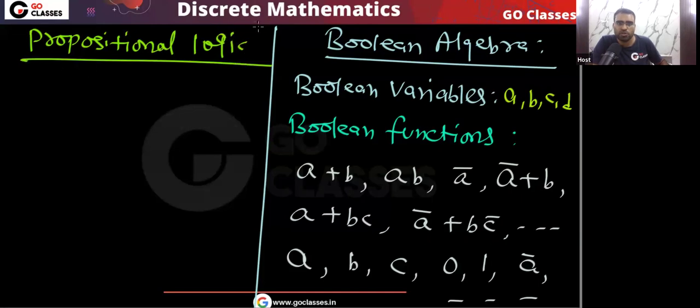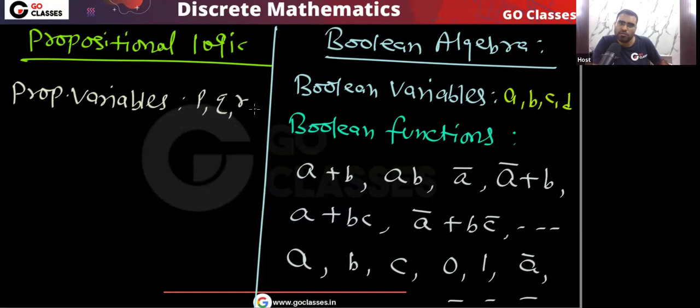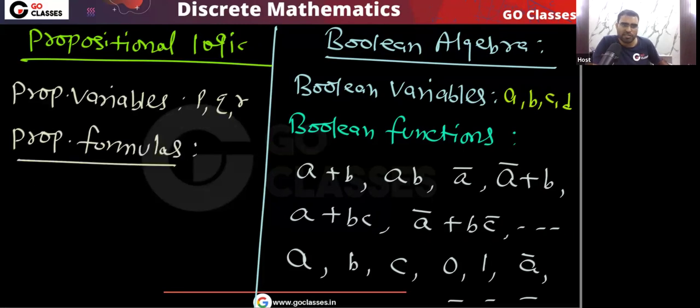In propositional logic, we have propositional variables like P, Q, R. Here you have A, B, C, D; there you have P, Q, R. And here you have propositional formulas. What are propositional formulas that you already know?